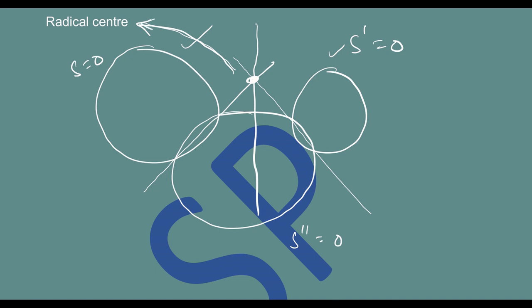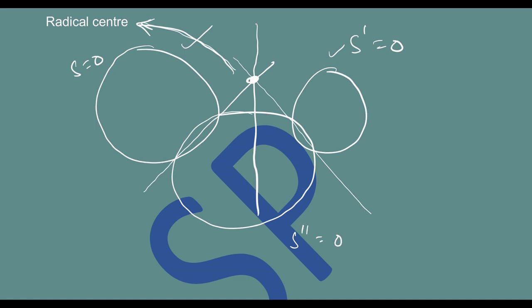Given three circles such that the centers are non-collinear, the radical axes of those circles taken in pairs are concurrent. That point of concurrency is called the radical center.